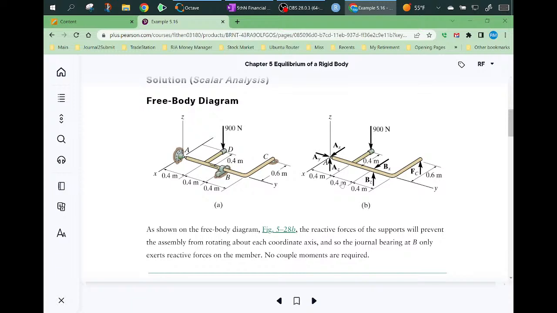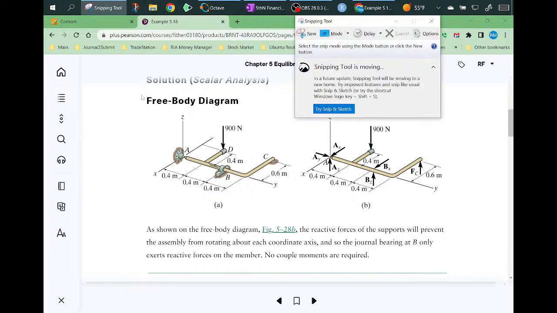if you did a free body diagram here, let's take a good look at this thing.